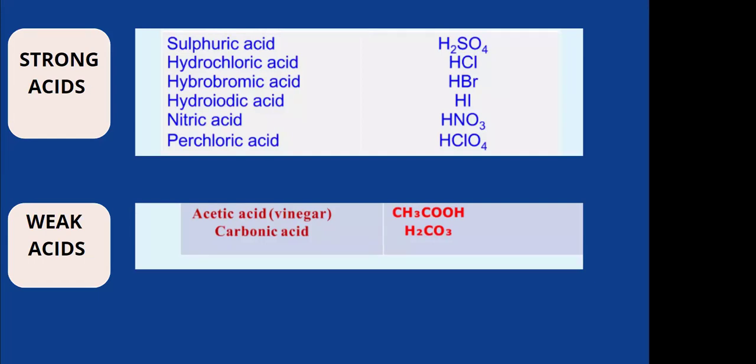There is H common in all of the strong acids, and no doubt in weak acids also. But in strong acids, they dissociate easily, like HCl easily breaks down into H positive and Cl negative ions. Whereas in weak acids, it's difficult, or they don't break into ionic form.